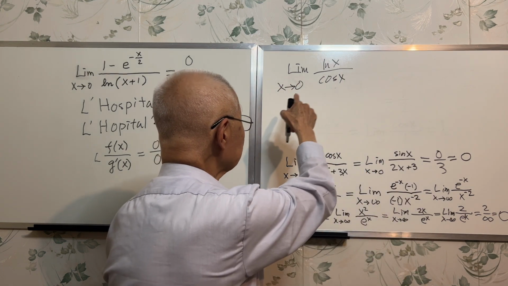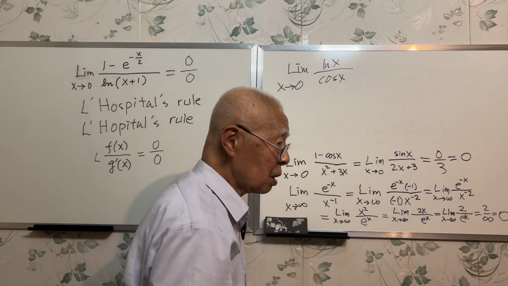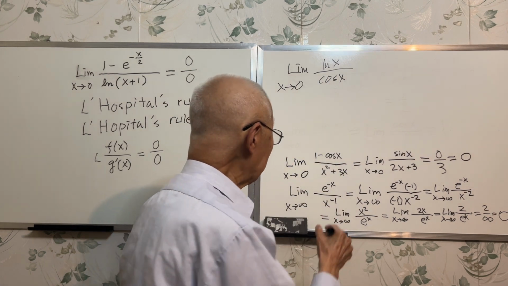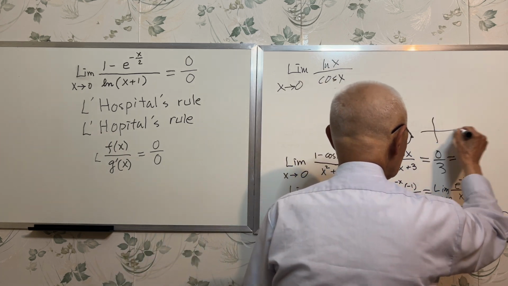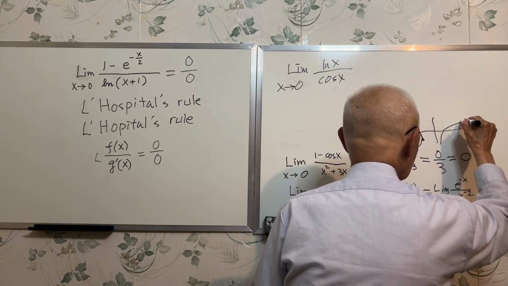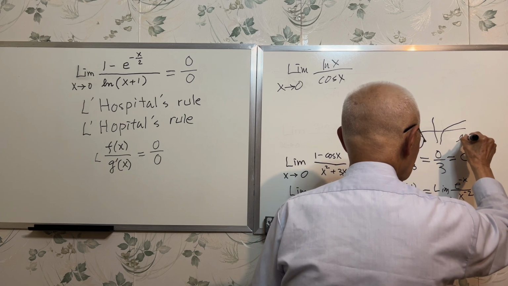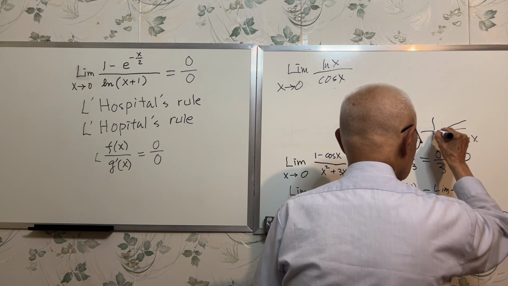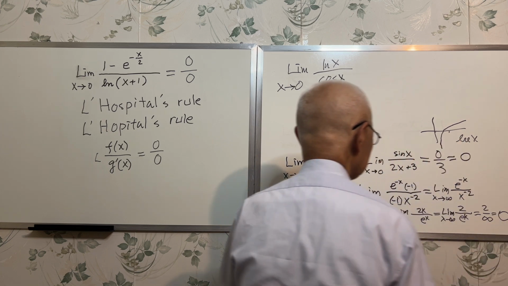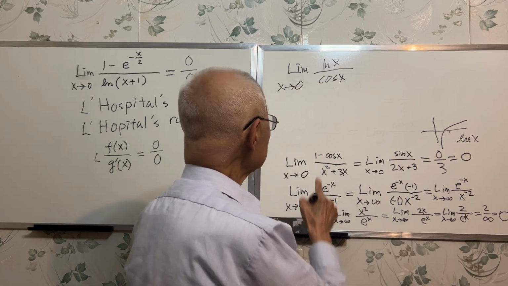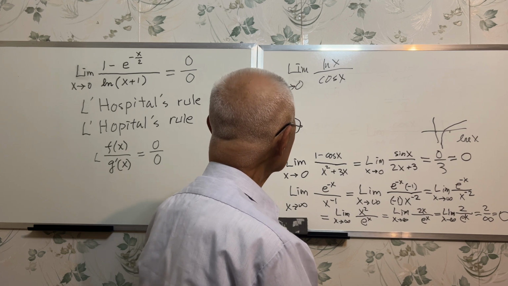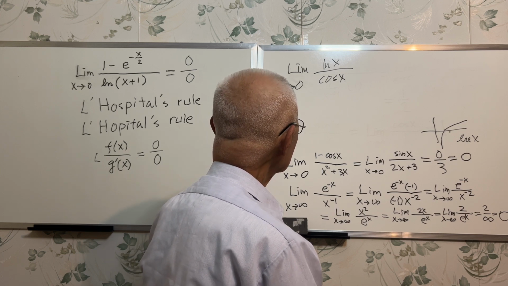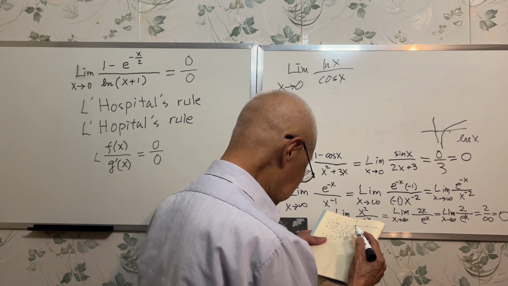When x goes to 0, ln x is what? Negative infinity. Remember the ln function? This is ln x. When x is 0, it goes to negative infinity. Cosine 0. Well, what is cosine 0? Let me see the question.